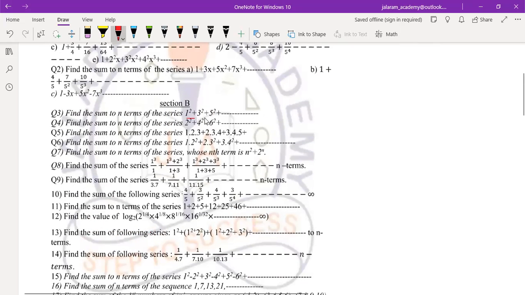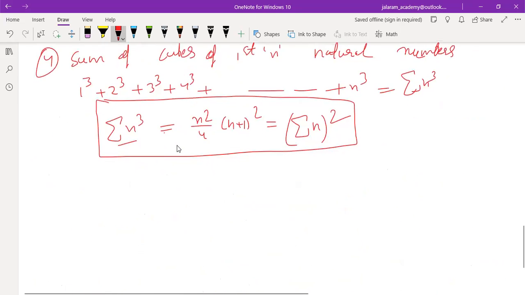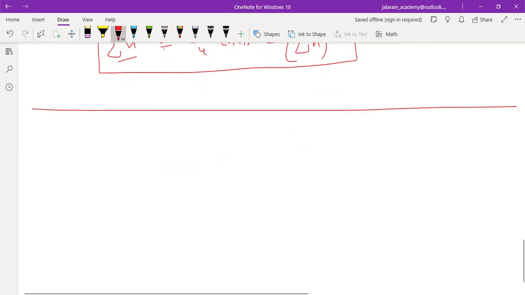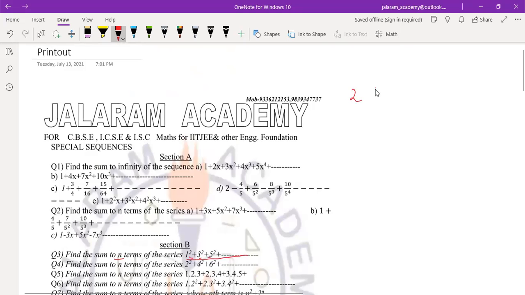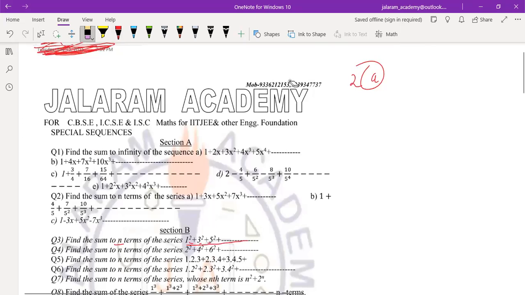natural numbers as their domain, like this question. Find the sum to n terms of the series 1 square plus 3 square plus 5 square. So first we write question number 3a.